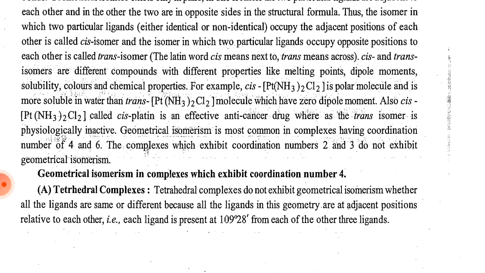Another example of geometrical isomerism is the difference between the lemon and the orange. Lemon and orange both are citrus fruits and their taste is very different from each other, but the chemical composition is the same.